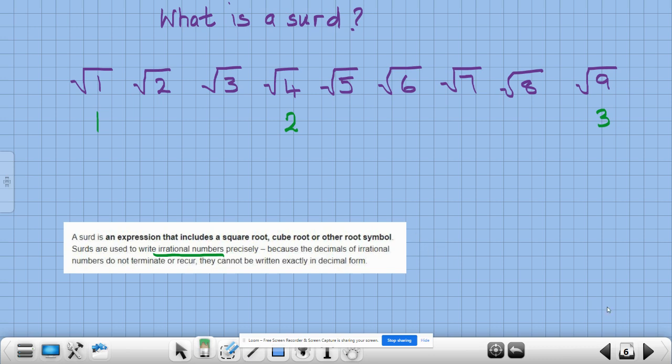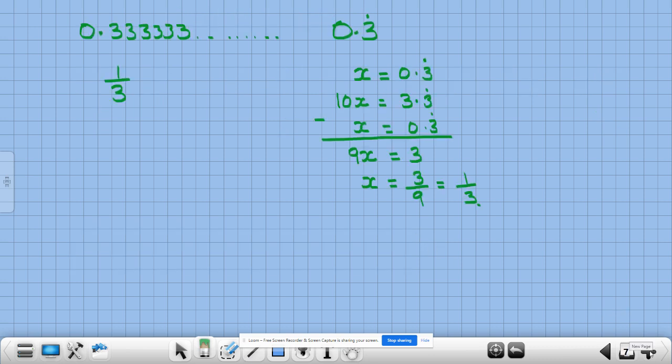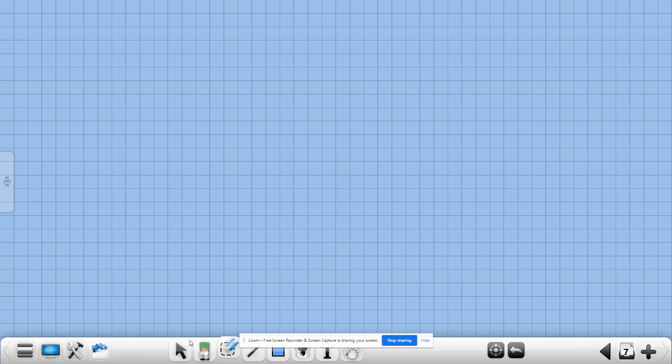And let's just have a look at something else. Let's go back to my board. If we think about 0.3 recurring, I'm going to wipe this and let's talk through it again. If you think about a recurring decimal, which we do get, so we have 0.333333, and if you've ever tried to divide by 3, say 10 divided by 3, if you're doing it manually, you learn pretty quickly that you're going to get 3.33, and you're going to keep having the same remainder, so you're going to keep having the same decimal, and it becomes apparent that that is not going to change, it's recurring.